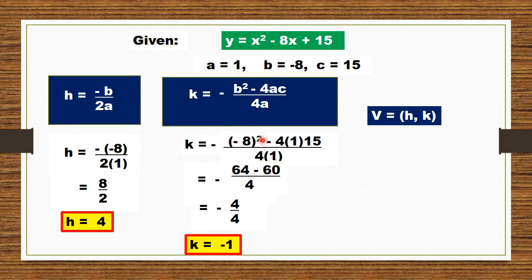Negative 8 squared minus 4 times 1 times 15 over 4a. 8 squared, 64. 4 times 1 times 15, 60. So 64 minus 60 equals 4 over 4. So negative 4 over 4 equals negative 1. This is the value of k. So the vertex is the quantity of 4 comma negative 1. So this is the h and this is the k.